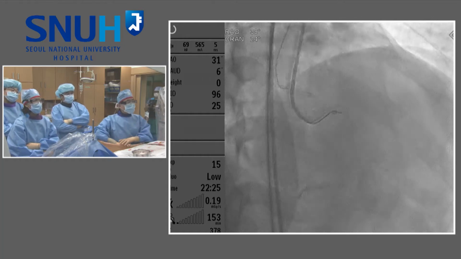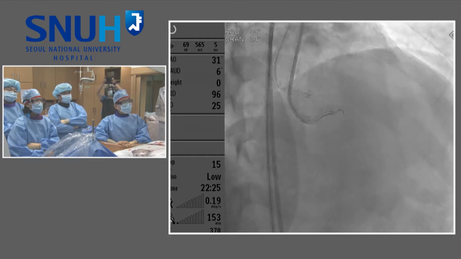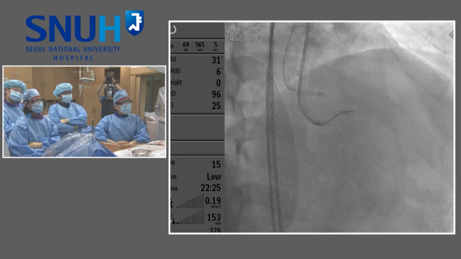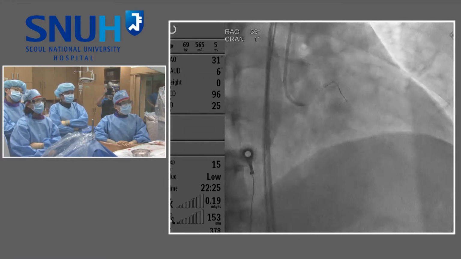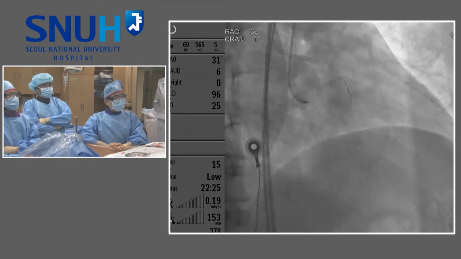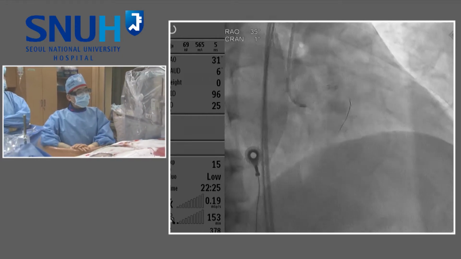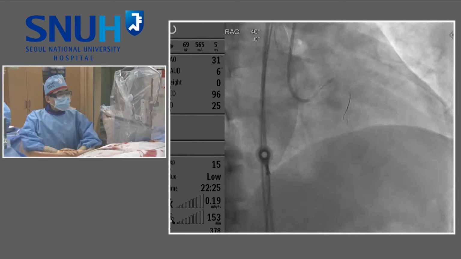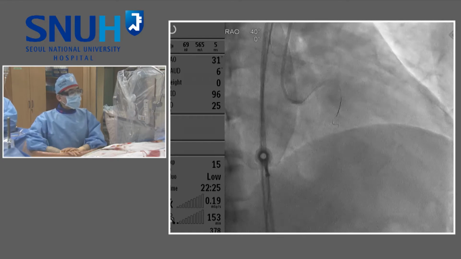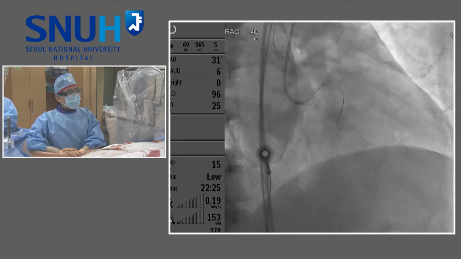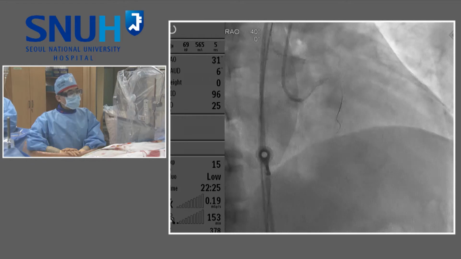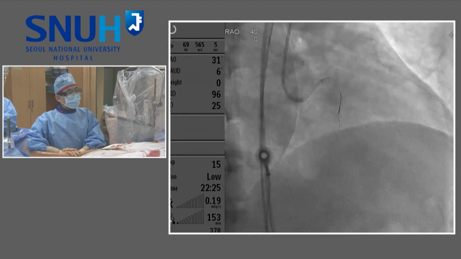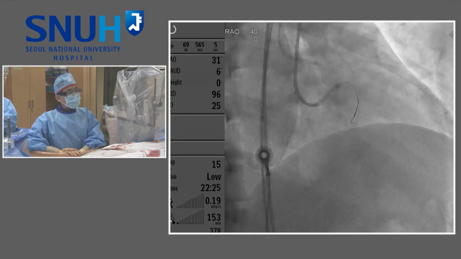Okay, this angiogram shows the initial entry of the Sion wire into epicardial collaterals from an areocranial view. Then I advanced the Sion wire, then I advanced Caravel. I met the first tortuosity, and the Sion wire struggled.